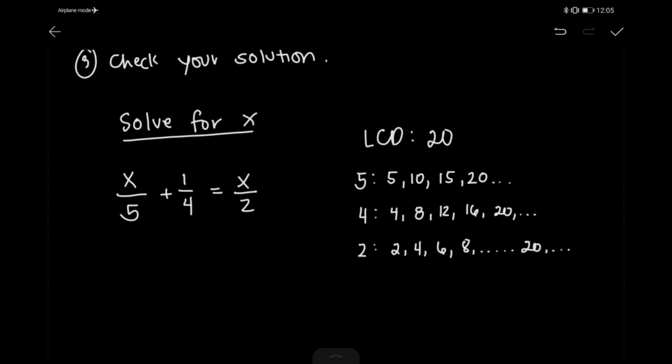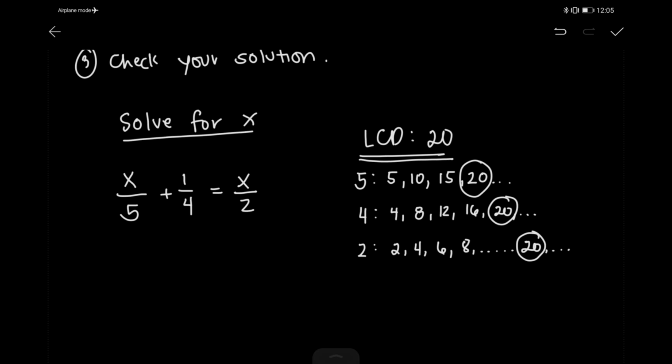As you observe, the least common multiple of your denominators 5, 4, and 2 is equal to 20. So this common multiple will be the LCD of our given rational equation. We're going to use this LCD to multiply both sides of the equation in order to eliminate the rational expressions.